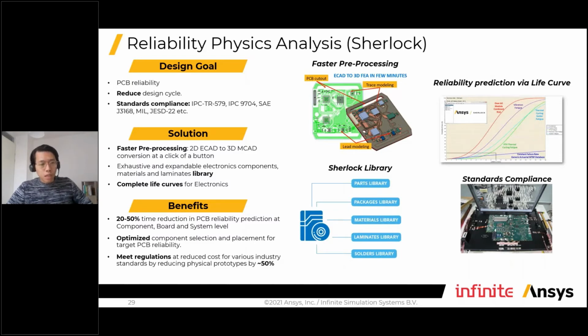But last but not least is what we call reliability physics analysis. The reliability physics analysis is a very unique tool that you don't find anywhere in the other tools on the market, because it gives you the full understanding of how your device is going to survive over your operation time. So for instance, we have different sources that can affect our lifetime.